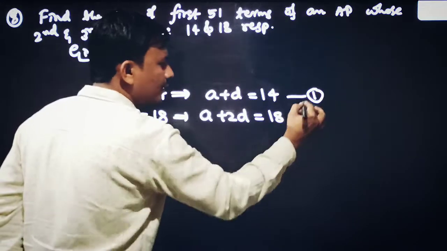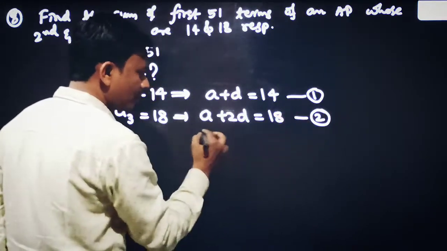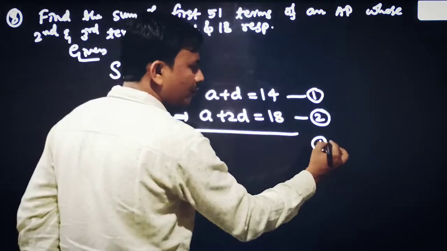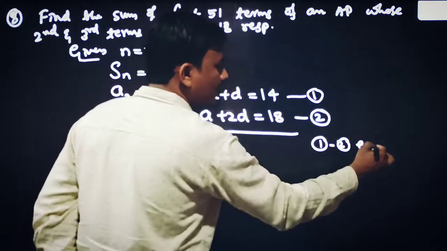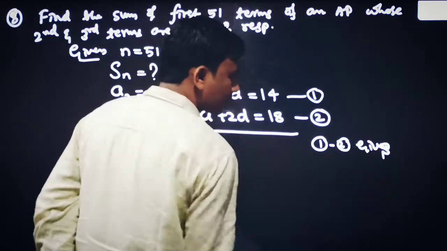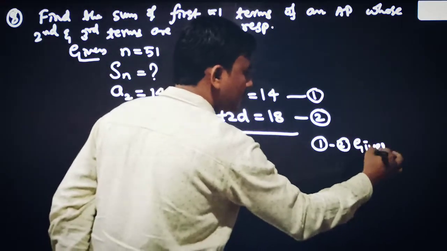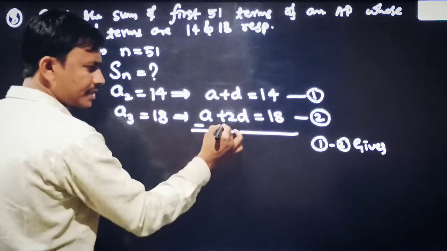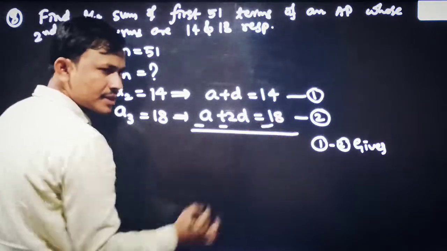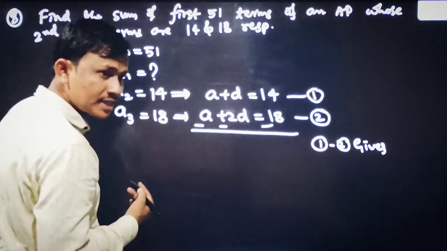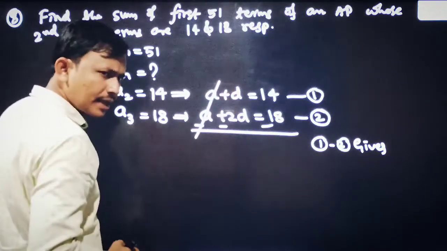Equation number 1. Equation number 2. 1 minus 2 gives, change the signs. Plus A minus A cancel.